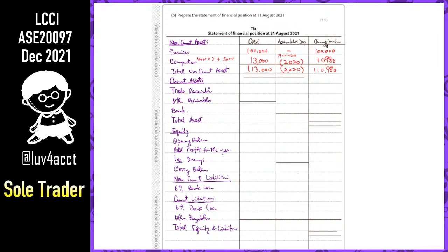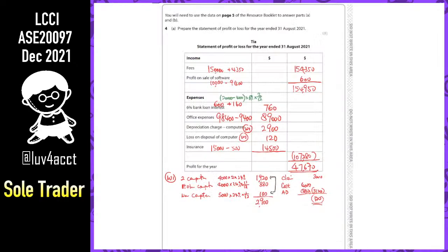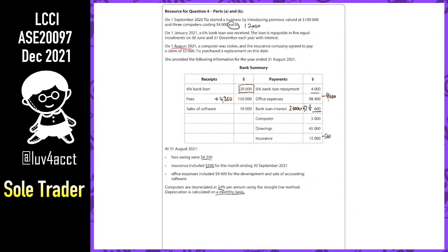Trade receivable, you have this one, 4,350, fees owing to you, so it is receivable. Then you also have prepayment for other payables, and then the insurance claim, it agreed to pay. They agreed to pay and it is not yet received, so it is also a receivable for you.